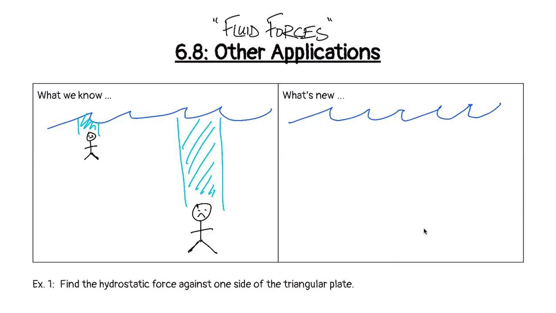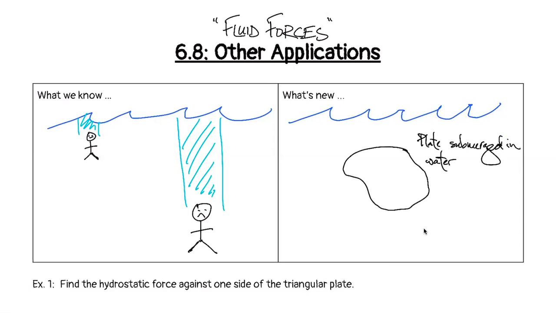And underneath this, you are taking some plate and we are submerging it in the water. Okay, so we're taking this plate, we're sticking it in the water, but sort of vertically. So, okay. So this is the plate submerged in water. All right.